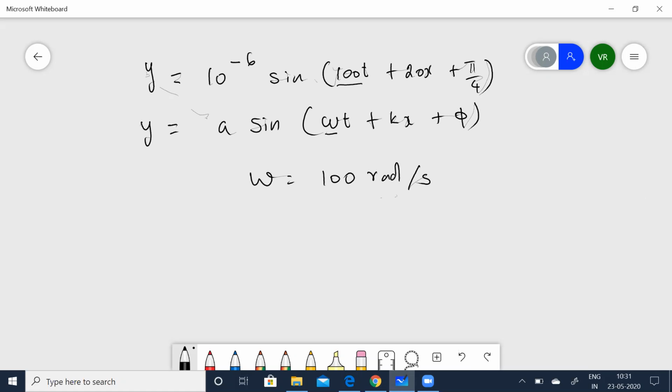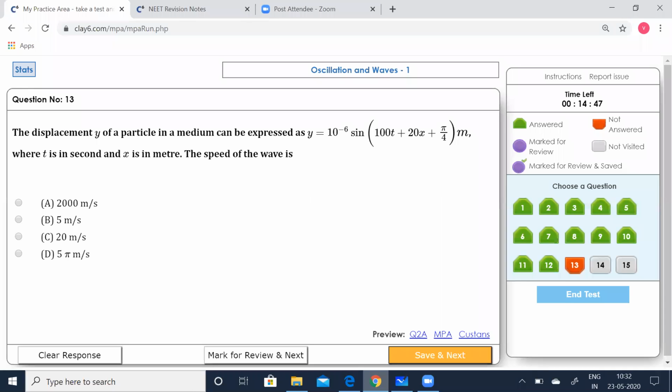And in the place of k you have 20, so k is equal to 20 per meter. And v is equal to omega by k, which is 100 by 20, which is equal to 5 meters per second. Let's see which option is correct. 5 meters per second. Yeah. Save that, go to the next.